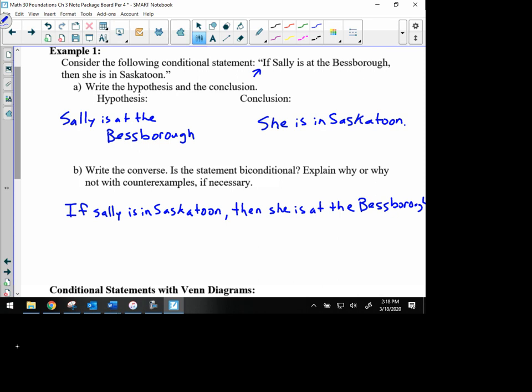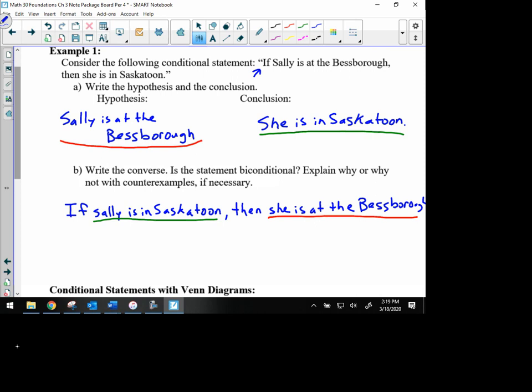So we see the hypothesis of the original conditional statement is now the conclusion of the converse. The conclusion of the conditional statement is now the hypothesis of the converse.